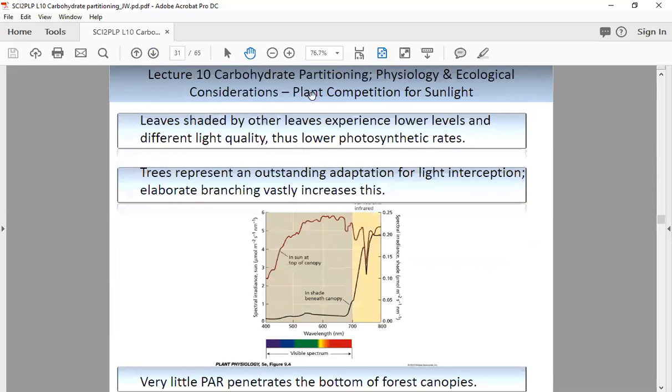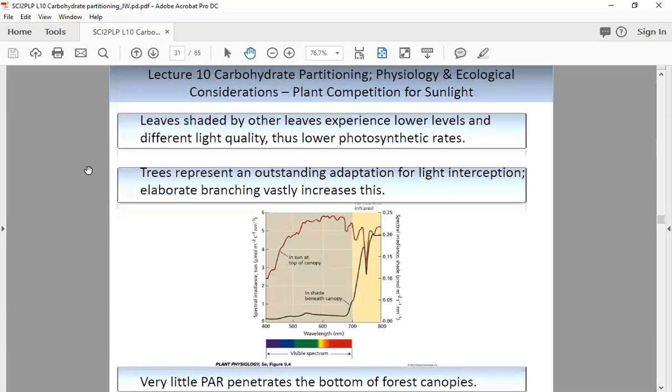All right, some plants compete for sunlight, and even leaves on the same plant. Leaves shaded by other leaves, of course, experience lower light levels and different light quality, and as a result, they have lower photosynthetic rates. Trees that have leaves high above the ground represent an outstanding adaptation for light interception, and the elaborate branching system really increases the interception of light.